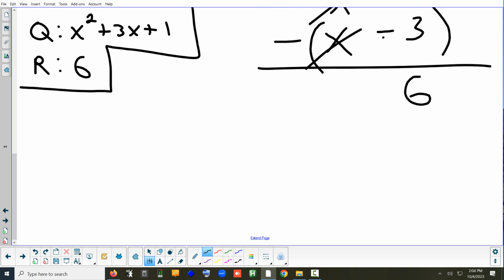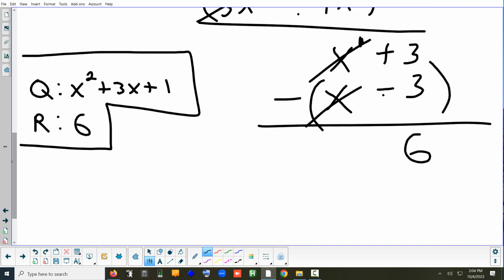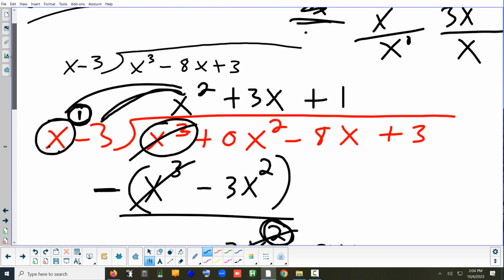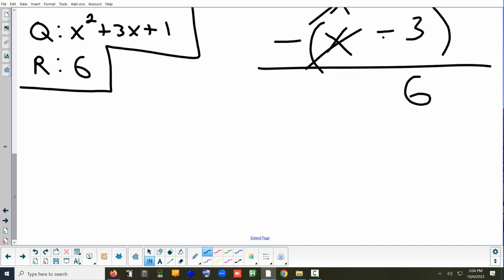Now, the other way you can write it is kind of going back to doing it with numbers. And I'm going to show you that way. I don't know if this is the way you're about to show us, but x squared plus 3x plus 1 and then 6 divided by x minus 3. Plus 6 divided by x minus 3, yes. So what you can do is, let's say you had 12 divided by, let's do 7.